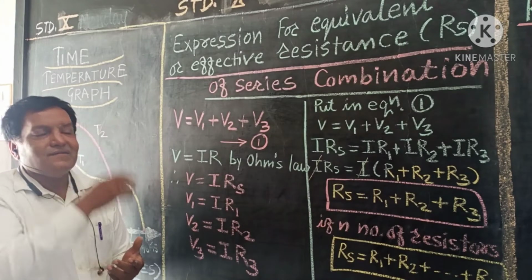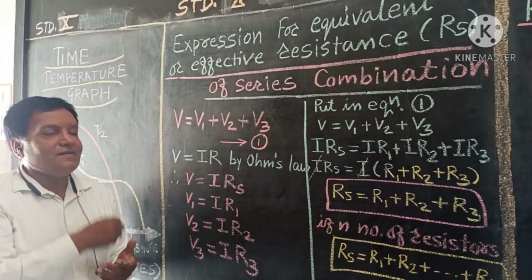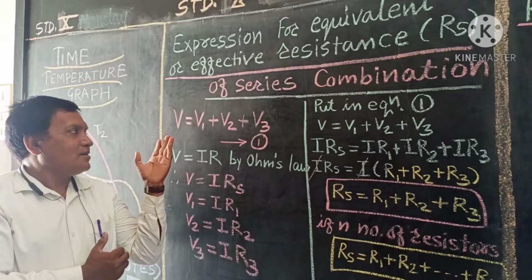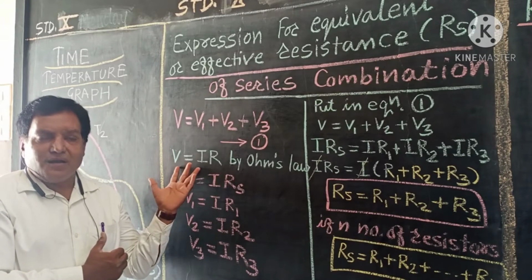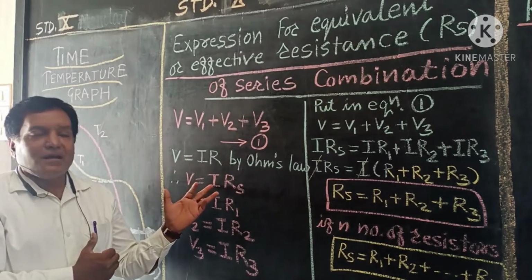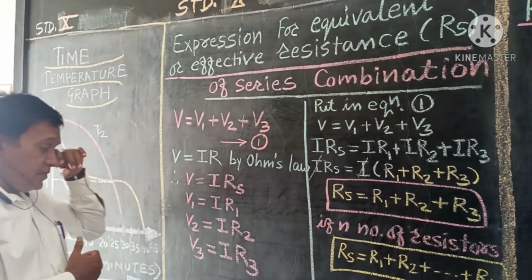So total resistance is RS, total voltage is V, total current is I. Then V is equal to IR, the relationship by Ohm's law. So V is equal to I RS.